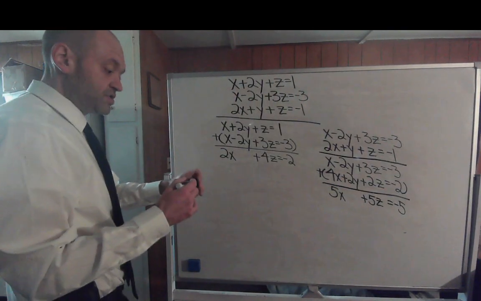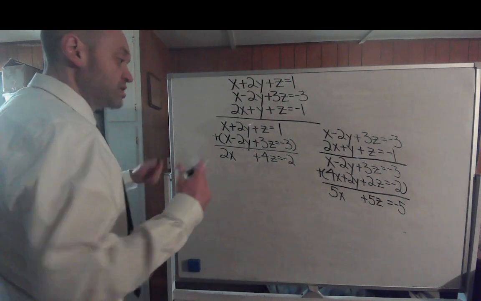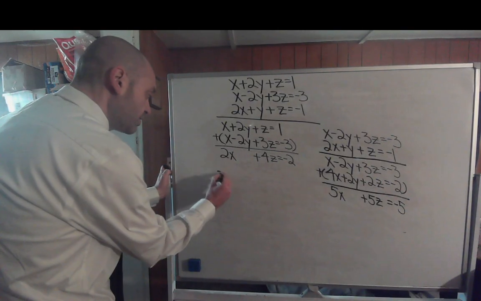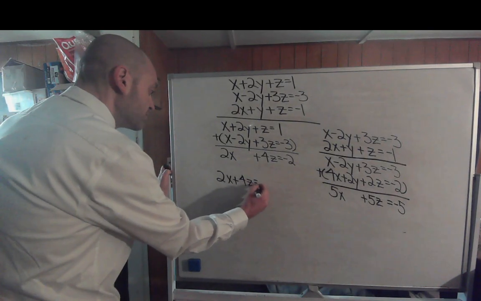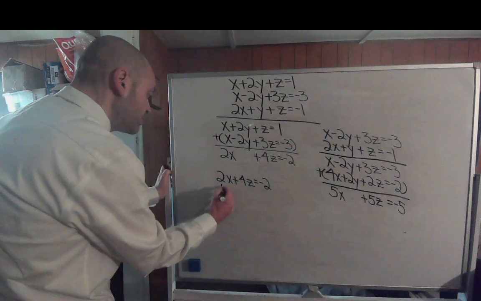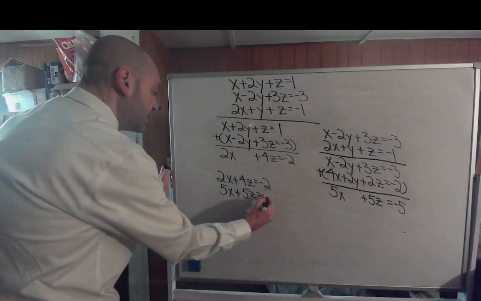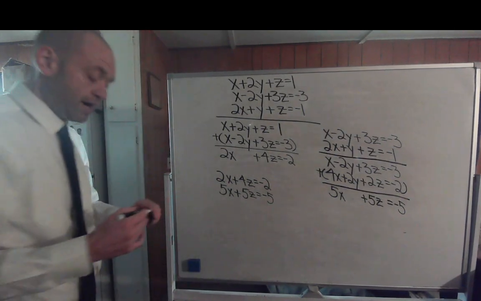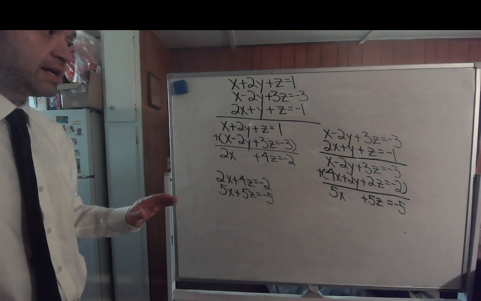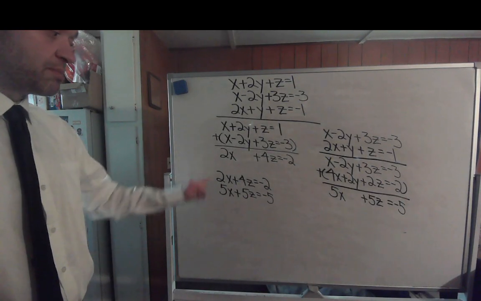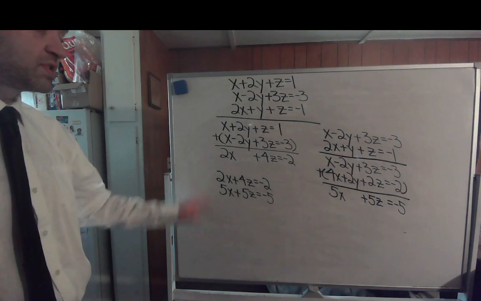So now I have two equations where I've eliminated the y variable. Let's bring those two equations together. You'll have 2x plus 4z equals negative 2, then 5x plus 5z equals negative 5. It doesn't really matter which variable we seek to eliminate. Personally, I'm going to recommend we go for x because x has a smaller coefficient in the first equation.